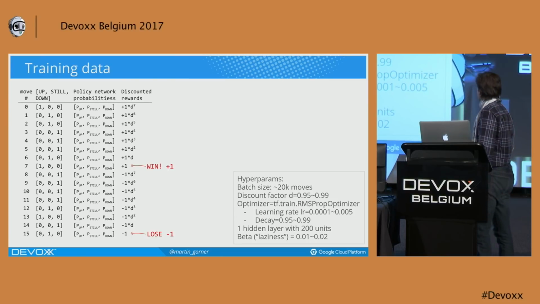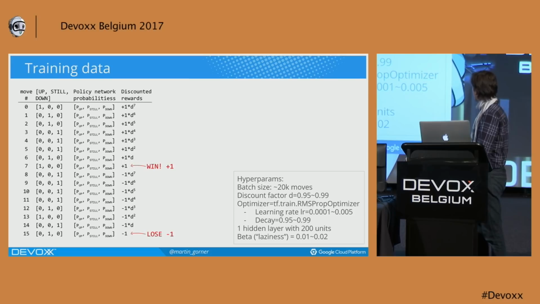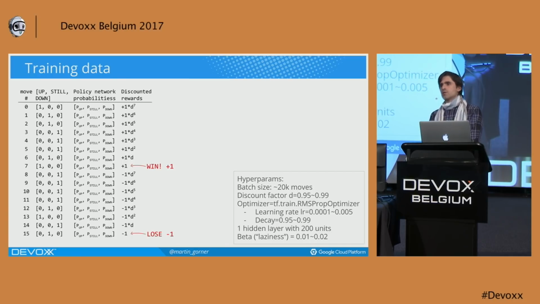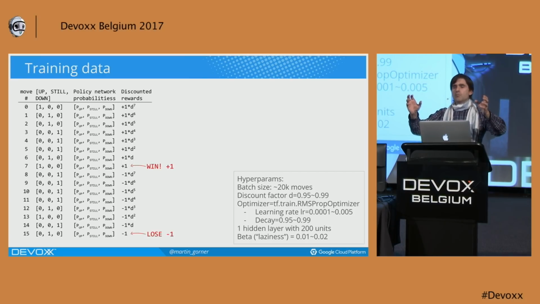A couple of hyperparameters, because you don't train these things exactly as usual. Here, for instance, for the batch size, we are using 20,000 moves at once. So we play many games until we accumulate 20,000 moves, along with their rewards and their computed probabilities. And then we apply the loss and backpropagation once on that batch.